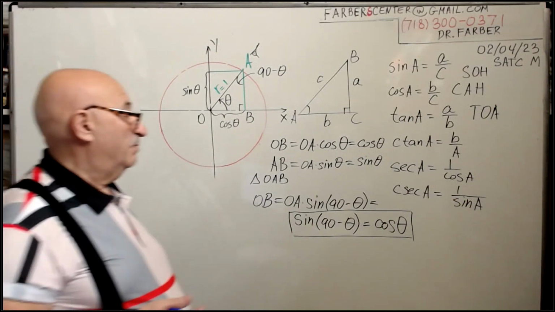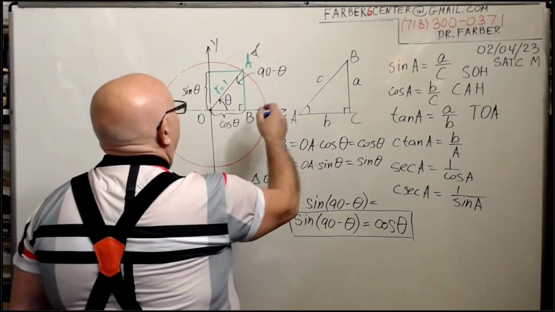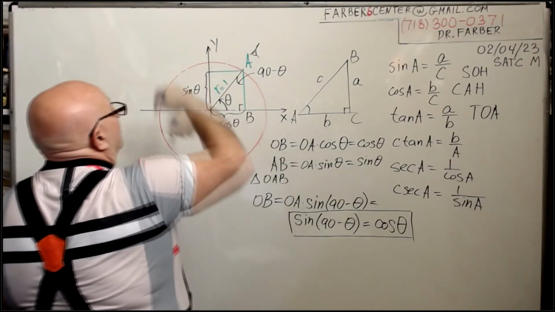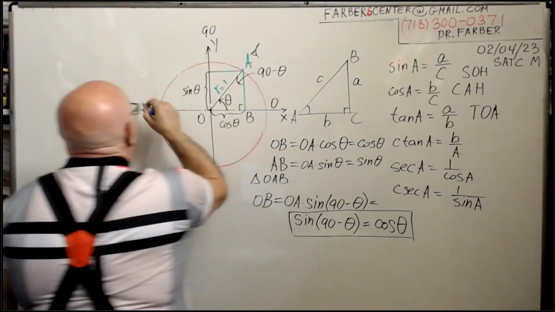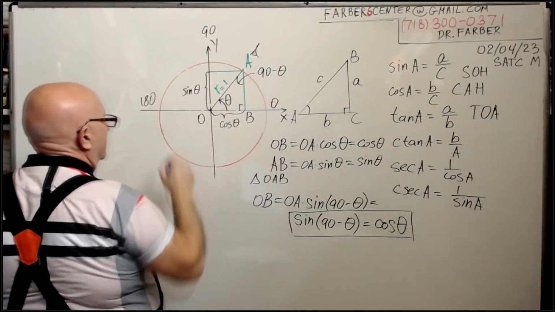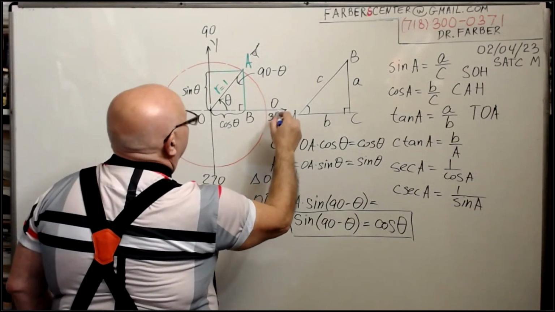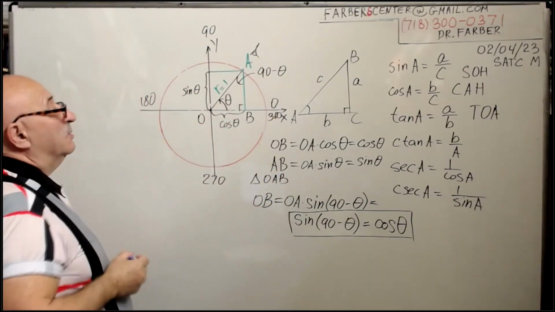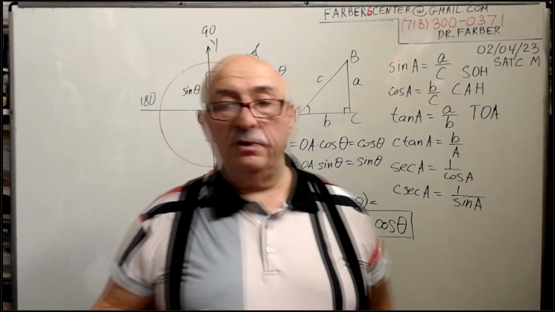Next fact you need. If you go counterclockwise, this is 0, this is 90 degrees, 180 degrees, this is 270, and this is 360, and so forth. Very often we use radians. You know what radians are, right?